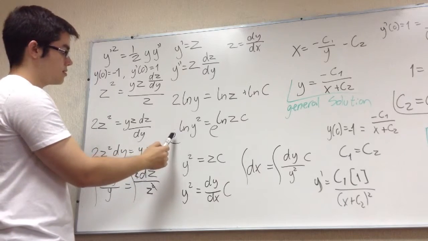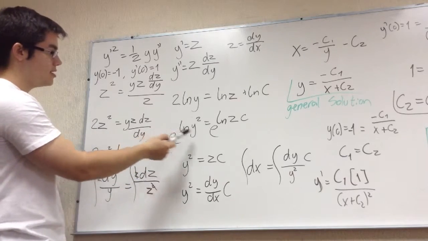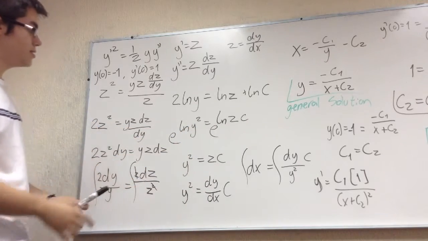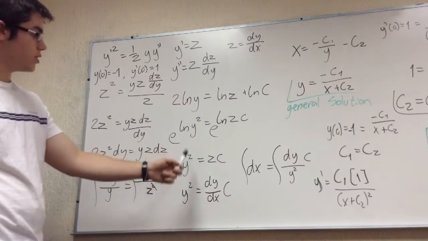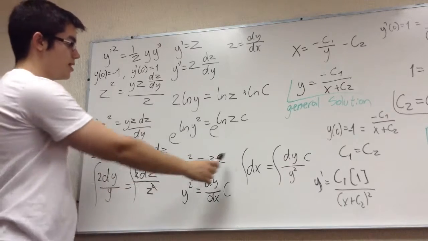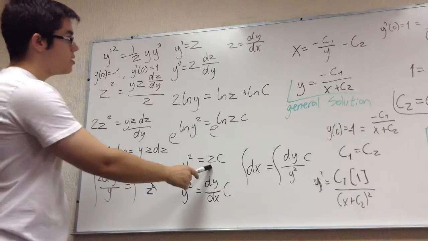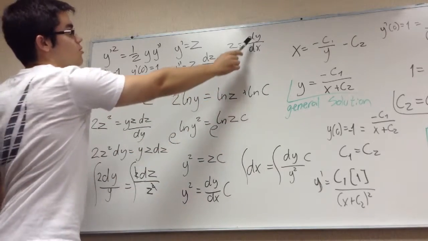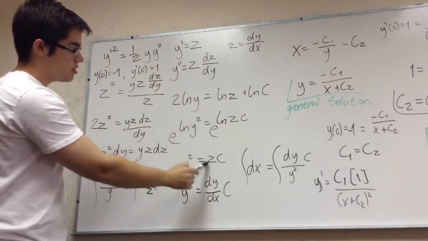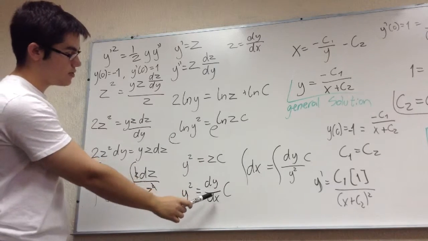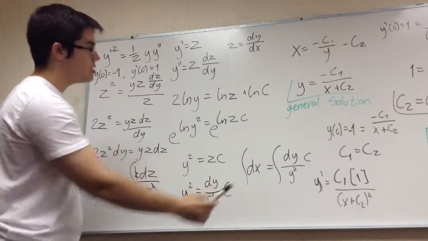We apply e to cancel these natural logarithms. So we have y squared equals c times z. So we also know z equals dy over dx. So we substitute this, and we have y squared equals dy over dx times c, our constant.